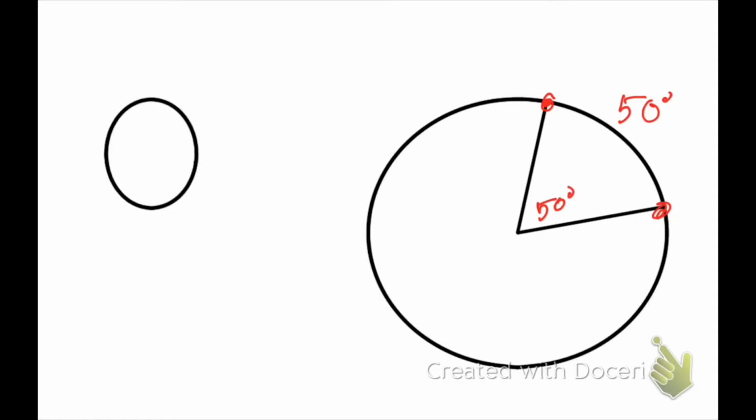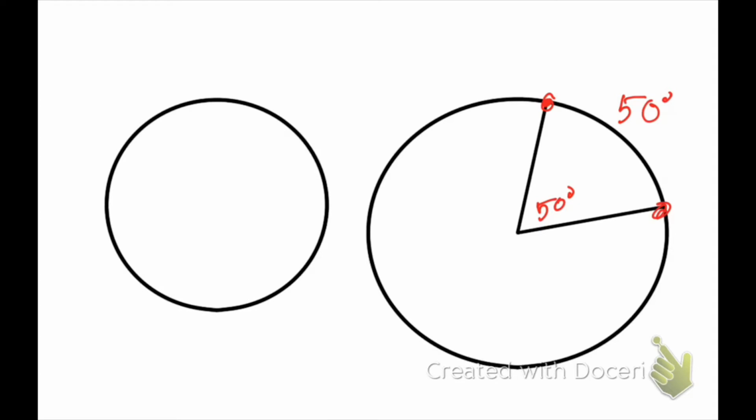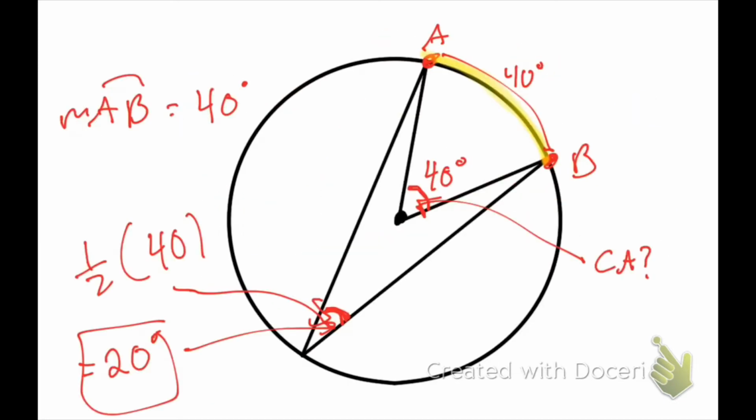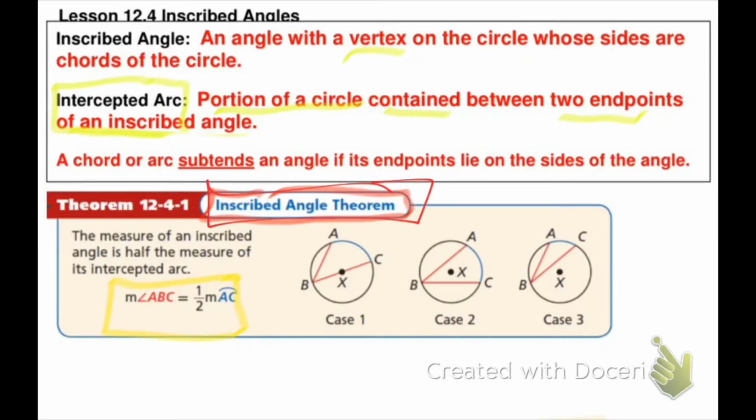If I take a circle, let's say that this is 30 degrees. The inscribed angle here is half of 30, which will be 15. So if it connects to the center, it's the same. If it goes from one side to the other side, it's half. It's that simple. Conversely, you can go the opposite direction: if you know that this is 15, then you can double it to get the arc measurement. And that's the converse of this theorem.